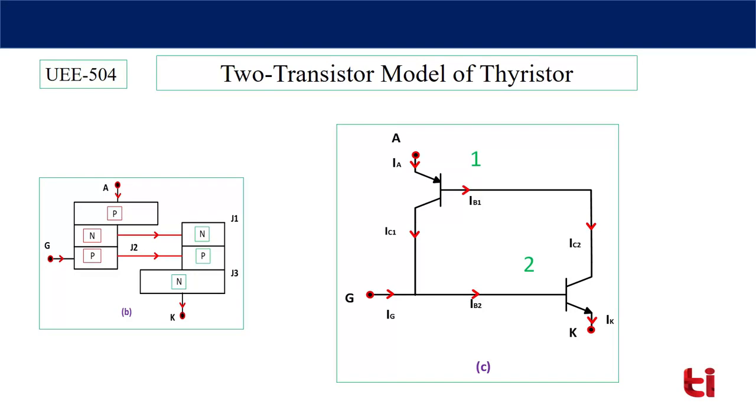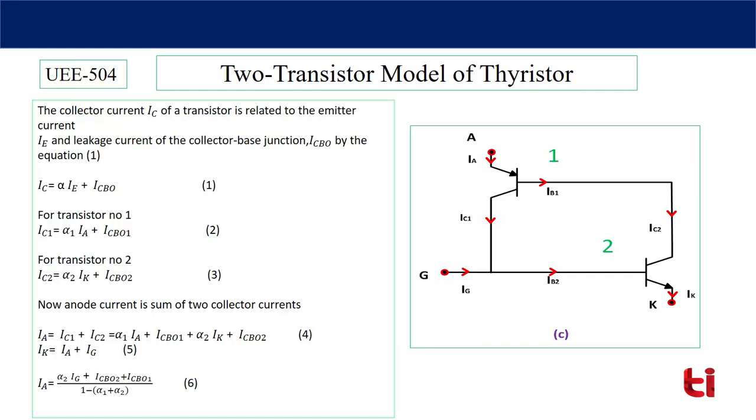Now let's discuss these things mathematically also. In this diagram, the same figure we have discussed just now, let's verify this regenerative action mathematically. We know that the collector current of a transistor is related to the emitter current by the equation IC is equal to alpha IE plus ICB0.